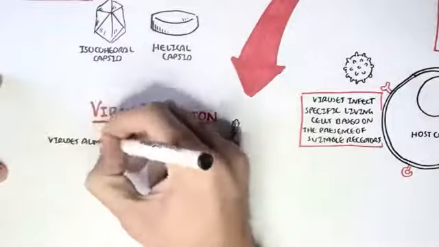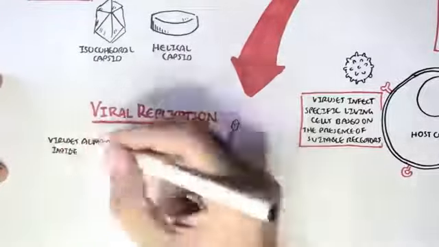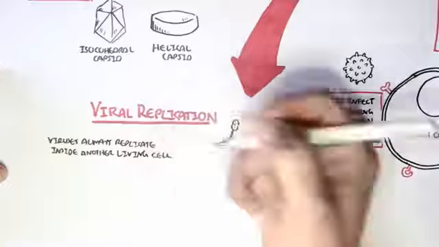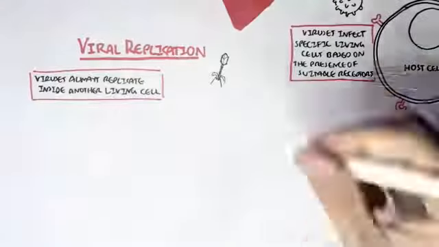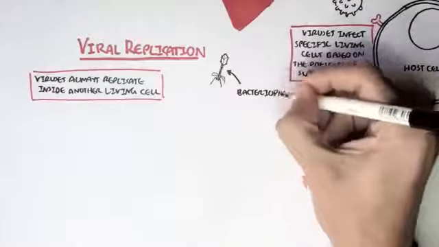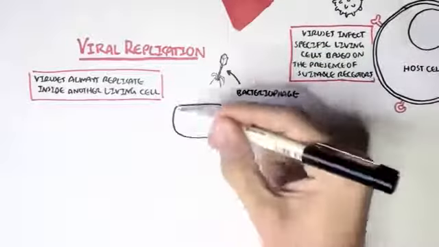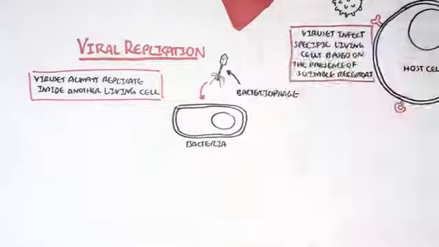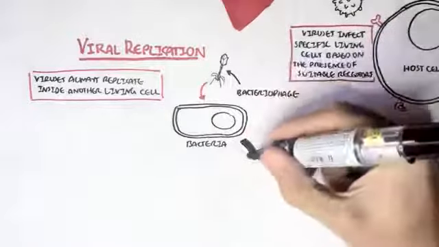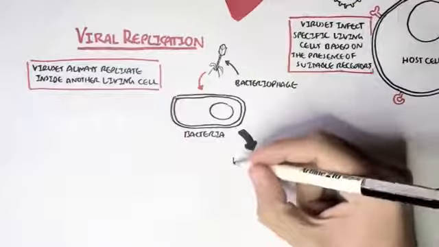We have to understand that all viruses, not only the bacteriophage, but all viruses always replicate inside another living cell. In this case, a bacteriophage will infect a living bacteria, a living cell, and will replicate inside the bacteria. And this will result in different pathways. Now let's have a closer look.